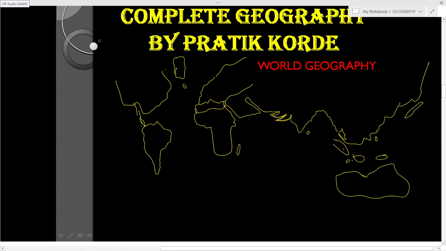I have tried to draw it. So this is Africa, Europe, Asia, Australia, South America, North America, and India. So the distribution of volcanoes, this is important.